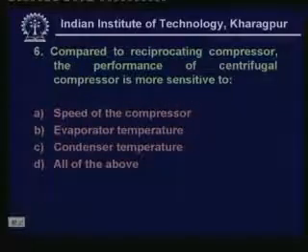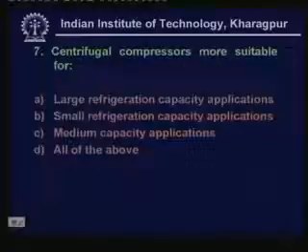Question number 6, compared to reciprocating compressor, the performance of centrifugal compressor is more sensitive to A, speed of the compressor, B, evaporator temperature, C, condenser temperature, and D, all of the above. And question number 7, centrifugal compressors are more suitable for A, large refrigeration capacity applications, B, small refrigeration capacity applications, C, medium capacity applications, and D, all of the above.